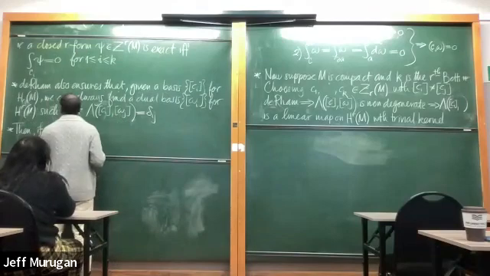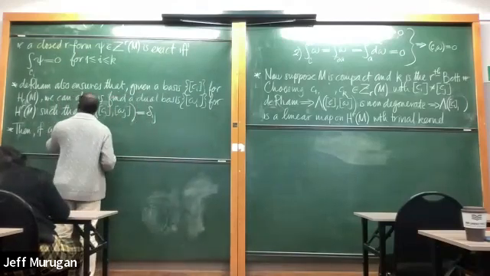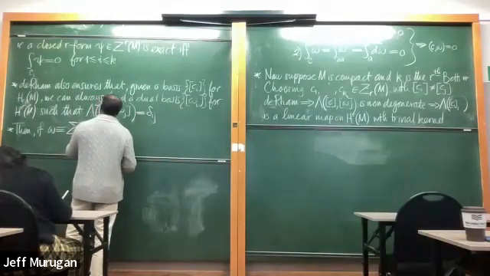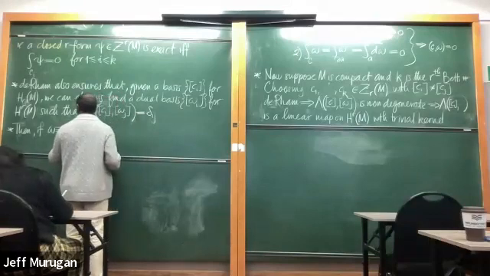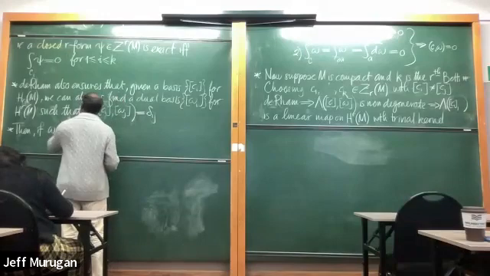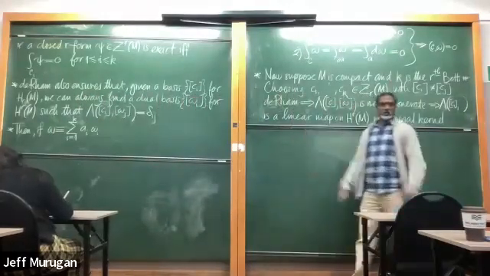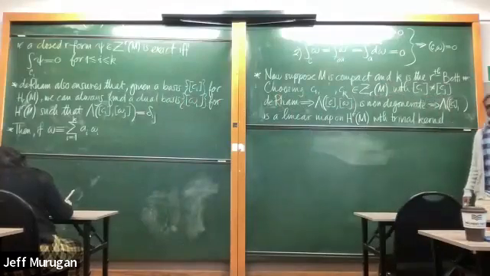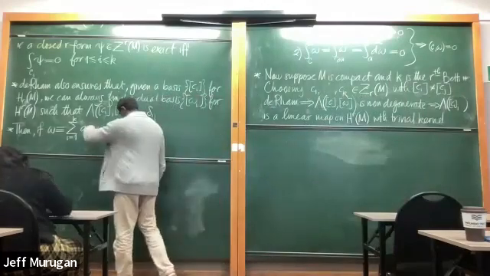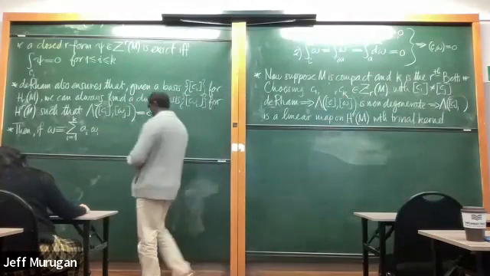So I define some p-form omega as the linear combination, say, the sum of a_i omega_i, i going from 1 to k. Any linear combination you want, any set of a_i's. Just take these basic forms and I just add them up with some set of constants.